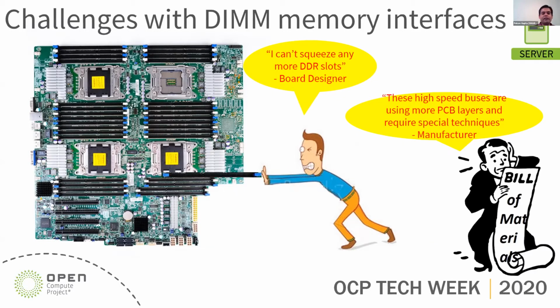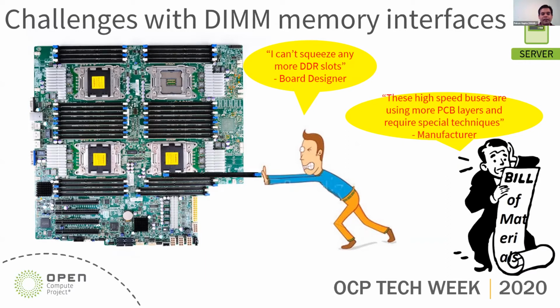All the DDR4, DDR5 parallel interfaces add too much complexity in the PCB design processes, and they need some high technology fabrication methods, which increases the cost. The third and the biggest challenge is the number of pins. As you all know, DDR4 and DDR5 are parallel interfaces.